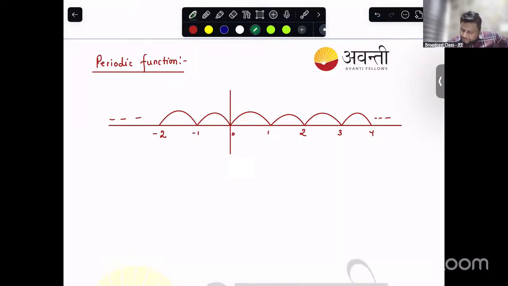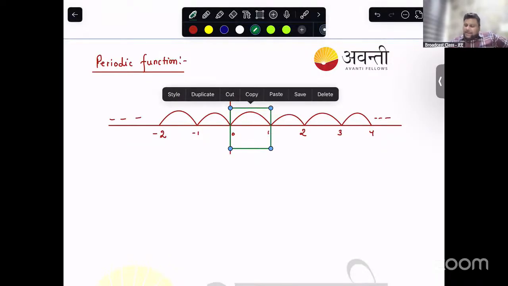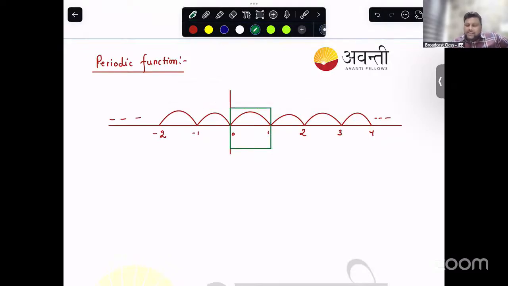If I plan to make a stamp of this length, and then I start copying it, are you going to get the entire graph? Yes. So these functions are what we call periodic functions.